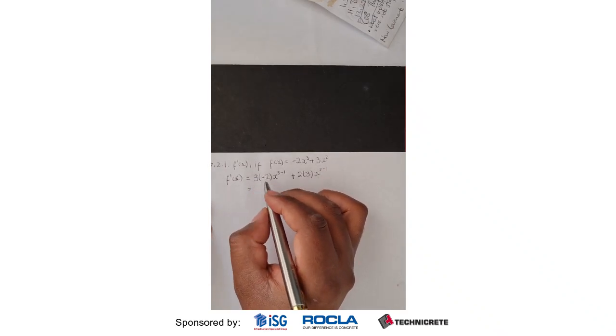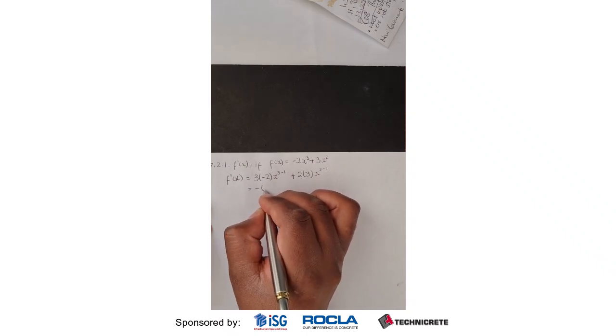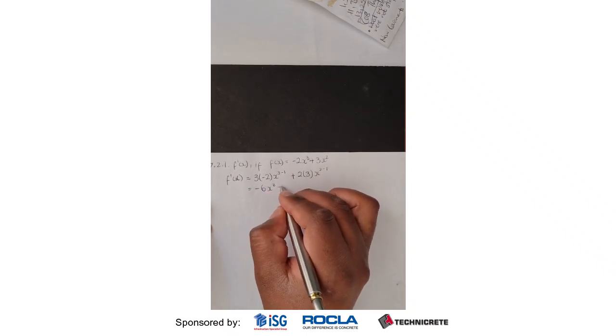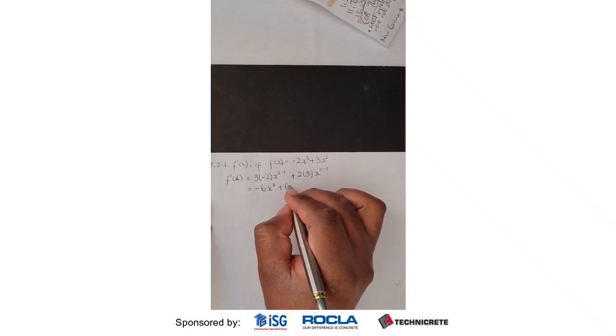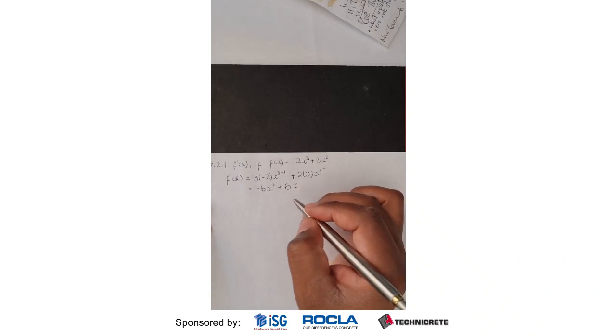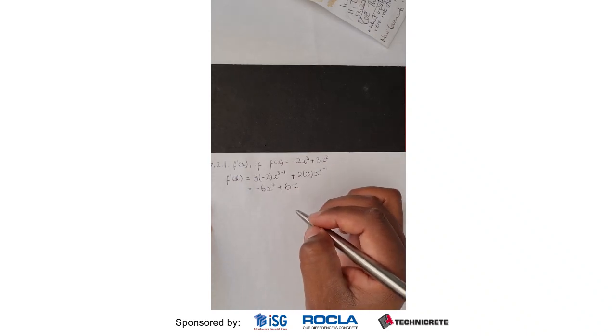Then this becomes negative 6, 3 minus 1 becomes 2, plus 6, 2 minus 1 becomes just the 1. So that is our 7.2.1.